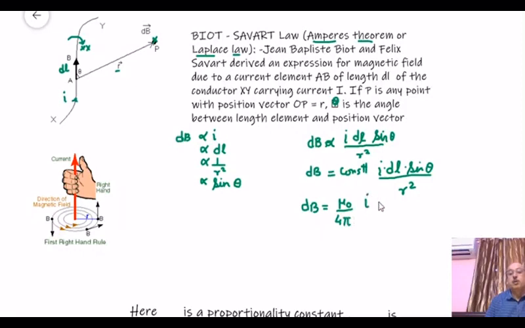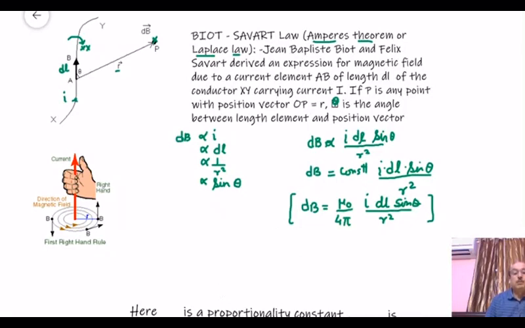So dB is equal to mu naught upon 4 pi, I dl sine theta upon r square. So this equation is used to find out the magnitude of magnetic field of induction because of the current carrying wire.